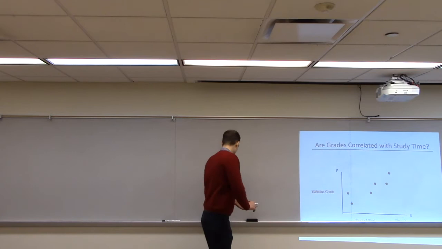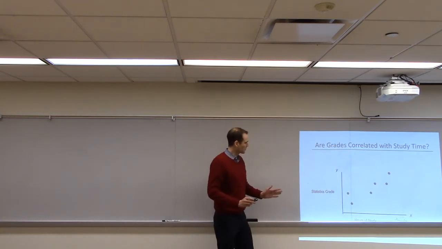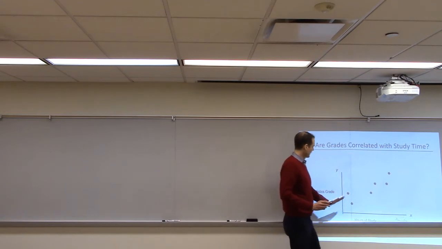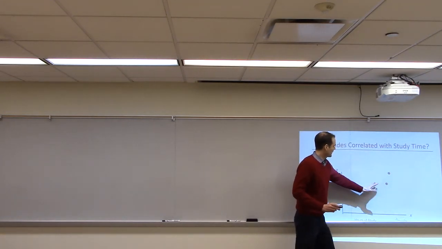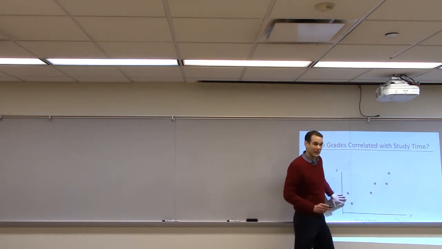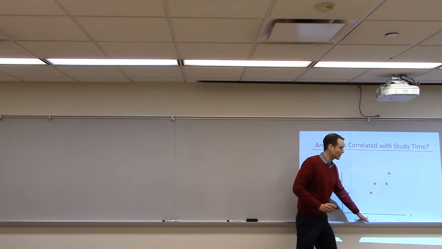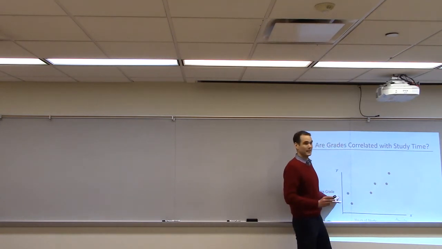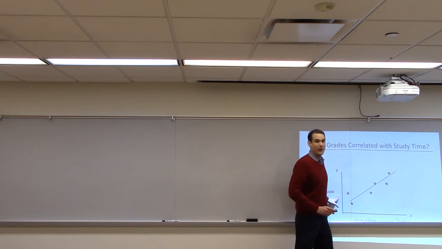All right, so let's decide if we can draw a line of best fit that would fit these sample data to the best extent possible and allow us to mathematically say for each additional hour of study or unit of study, your grade is expected to increase by a certain amount.